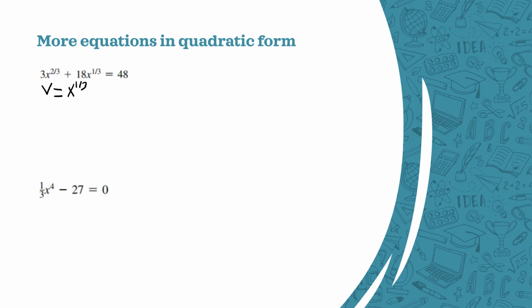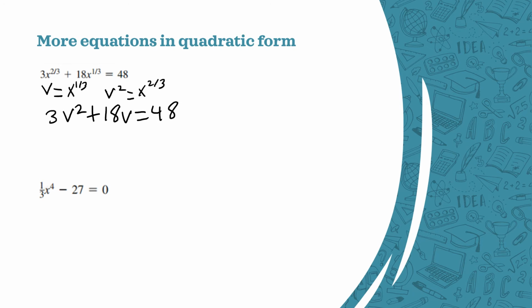If I square both sides of this, I get v squared equals x to the 2/3 power. So 3x to the 2/3 becomes 3v squared plus 18x to the third, which is v, equals 48.